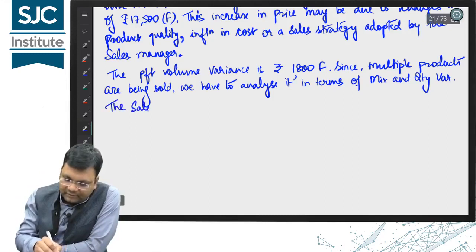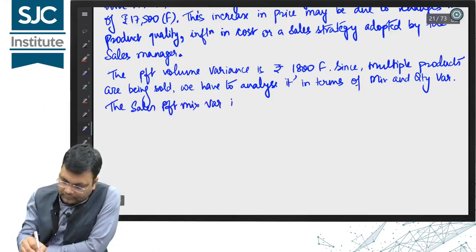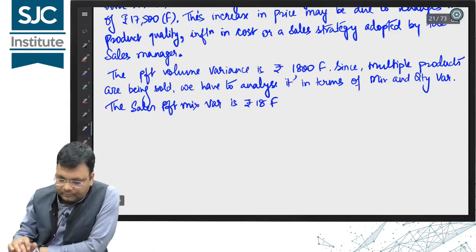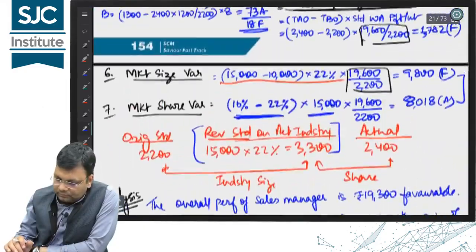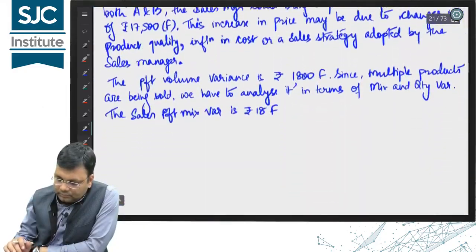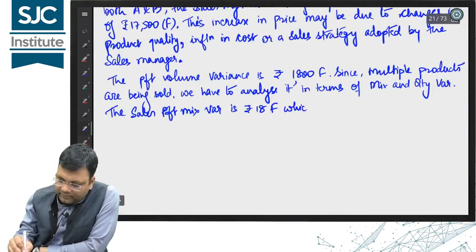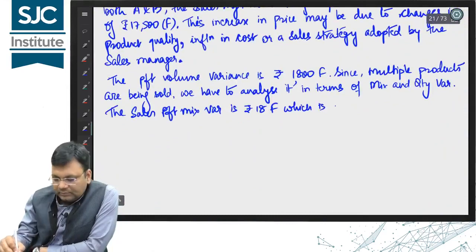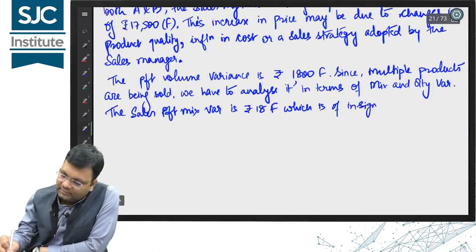The sales profit mix variance is rupees 18 favorable, which is of insignificant amount here, isn't it?